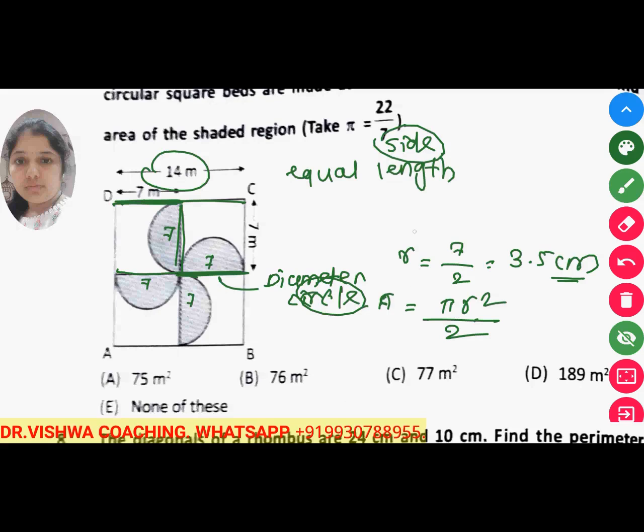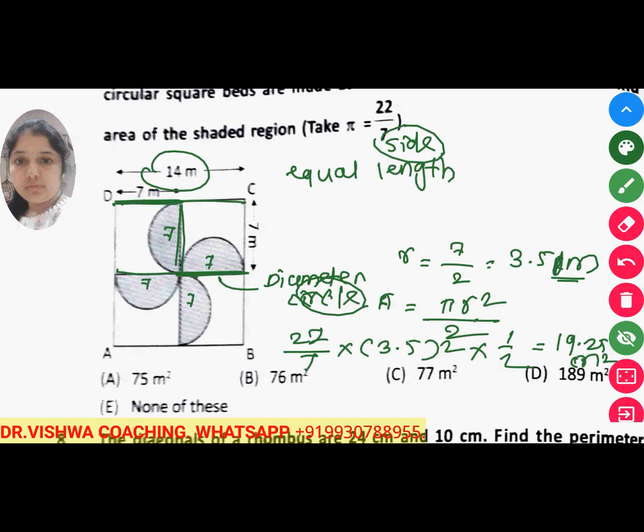Now put the values: 22 upon 7 into 3.5 bracket square into 1 half, and you find the area of that semicircular portion as 19.25 meter square.